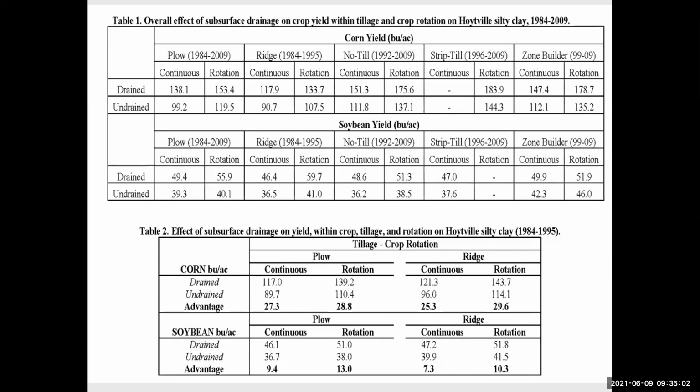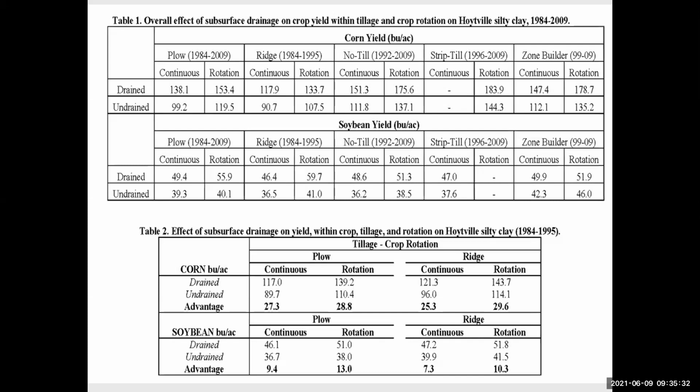And so you can see the period of time, for instance, Ridge Till, we ran from 1984 to 1995. Ridge till was not widely being accepted, so we were asked to remove that treatment. 1984 to 2009 for plow, 1992 to 2009 for no-till, 1996 to 2009 strip till, and 1999 to 2009 for zone builder.